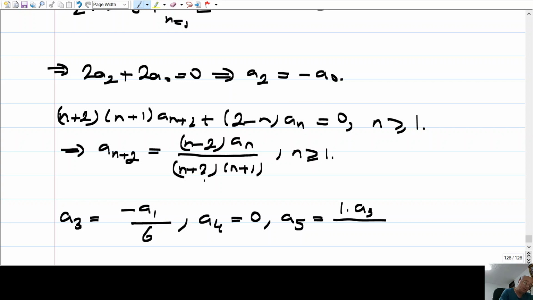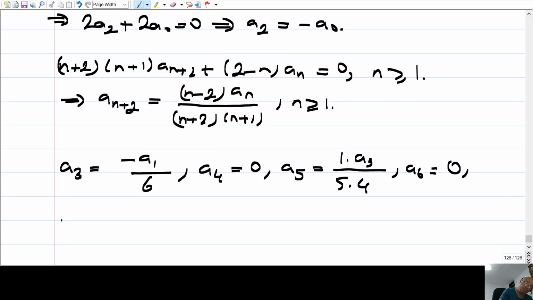and then divided by 5 times 4. a6, n equals 4, so you get 2 times a4, but a4 is 0, so this is just 0.